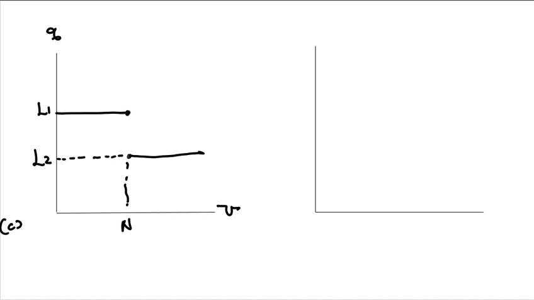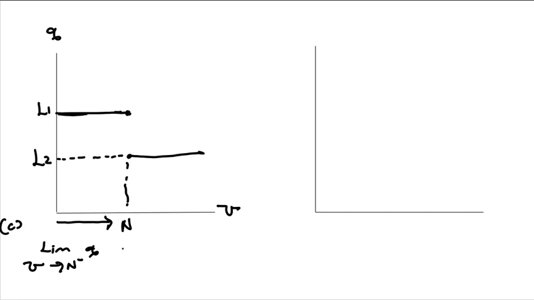Now let's check whether this kind of curve has a limit or not. Let's check from both sides. Limit of q as v approaches n from the left side. From the left side is this, going to the right approaching n. Then you can see that the limit of q as v approaches n is L1 here.